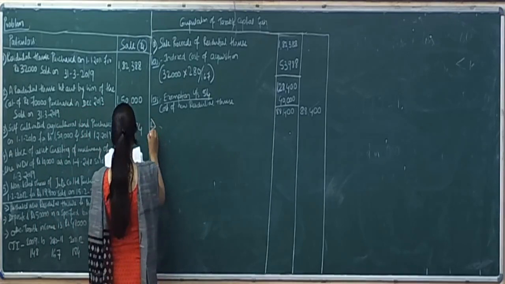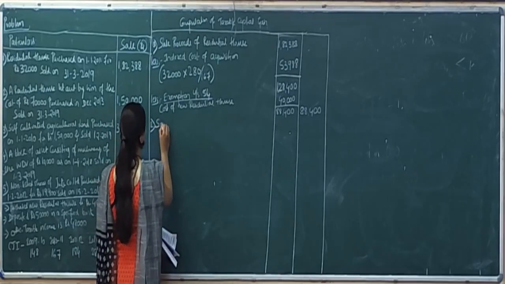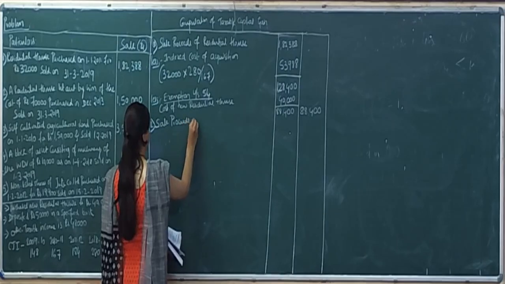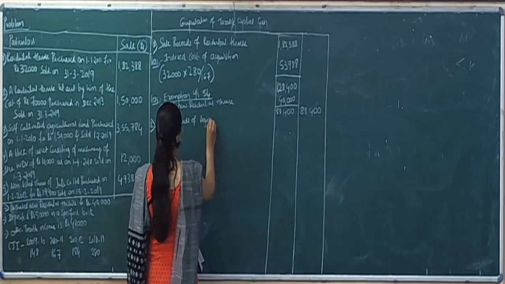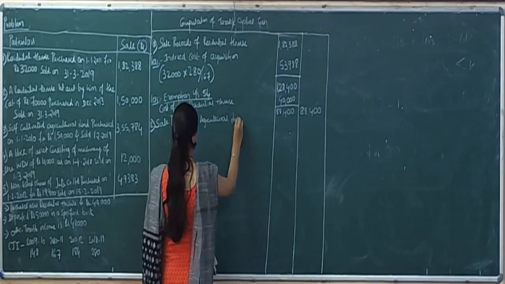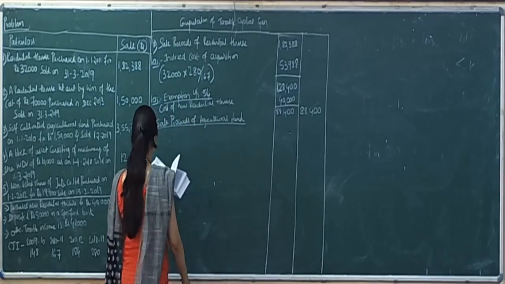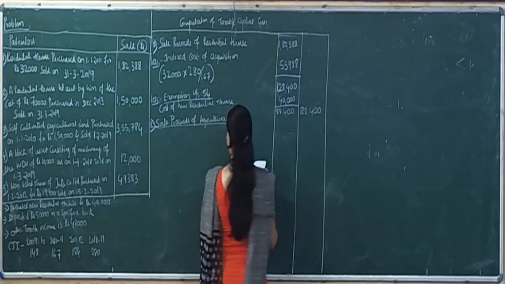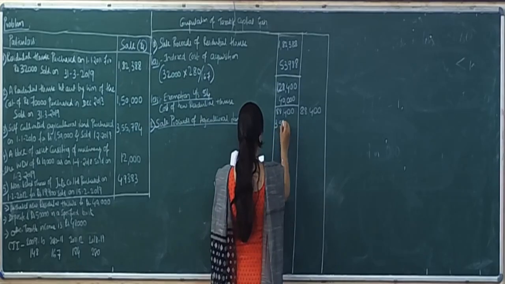So definitely it is a long-term capital asset. So we will write it here, second one. Sale proceeds of agricultural land, the value is 3,55,784.